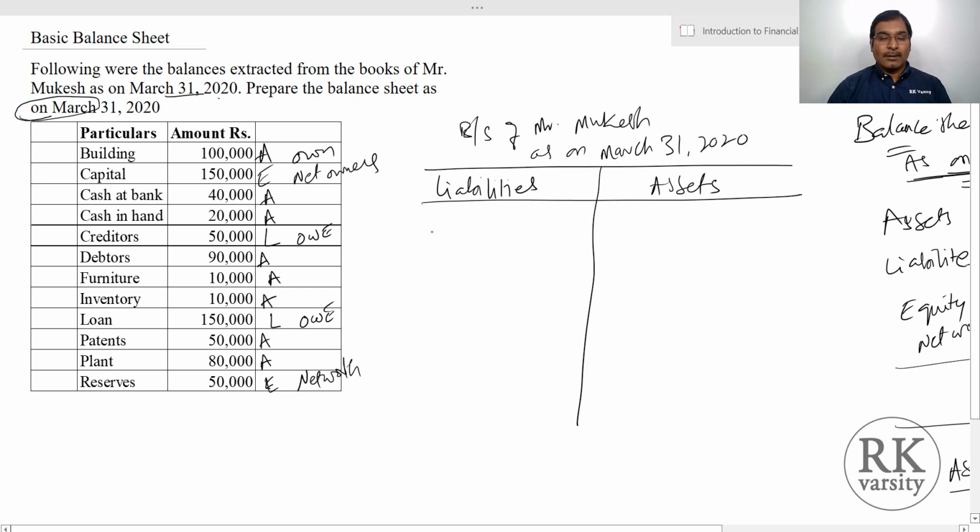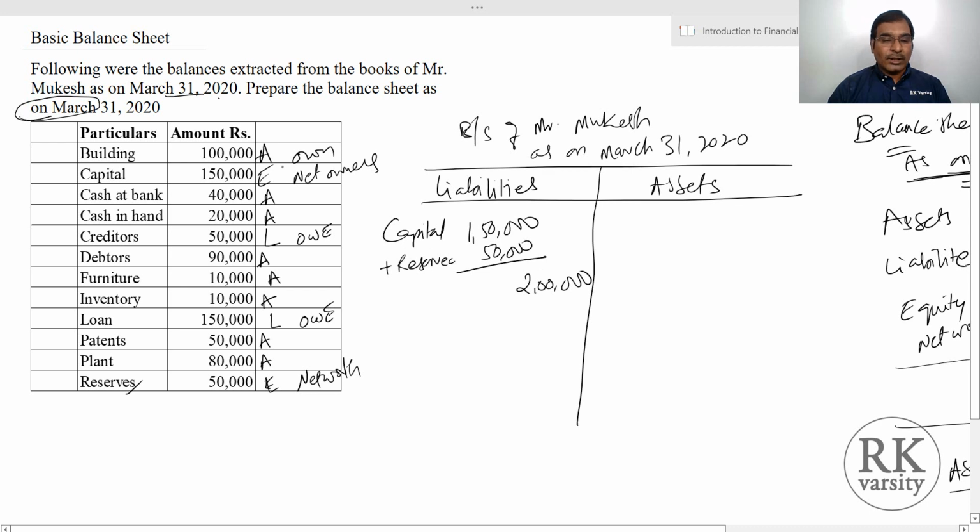In the liabilities, first we write the equity. The capital amount that the owner has is 1,50,000. So capital 1,50,000 we'll write in the inner column, because we have reserves also. Add reserves, or simply you can put reserves separately also. So 50,000. So this total comes to 2 lakhs.